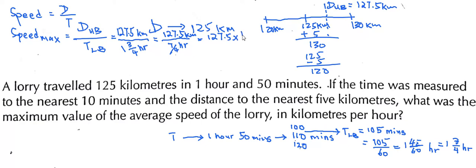If you divide by a fraction, you have to flip the fraction. So 4/7. This one we just have to calculate using a calculator. 127.5 times 4 divided by 7. So the answer is non-terminating in this case.